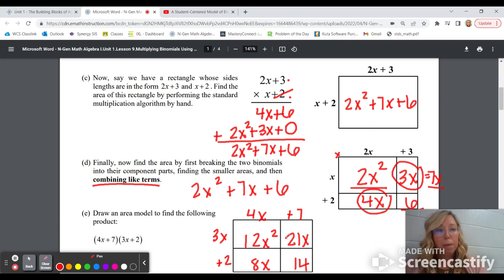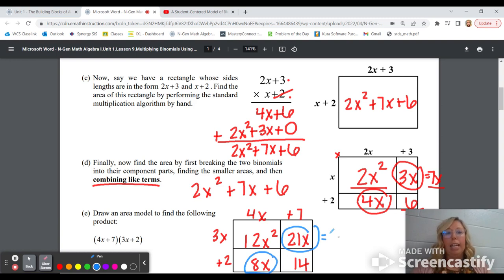With the area model for binomials, you've got to make sure that you look for like terms. So in this case, we have 21x and 8x that need to be combined. Now, we're not multiplying those. We are combining them, which means to add them together. And if you have different signs, remember your negative sign rules and that kind of thing. But these are both positive.